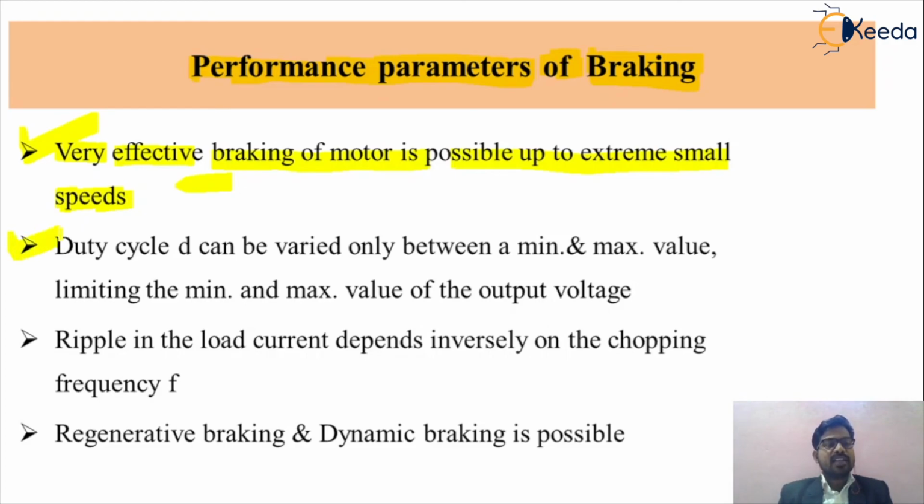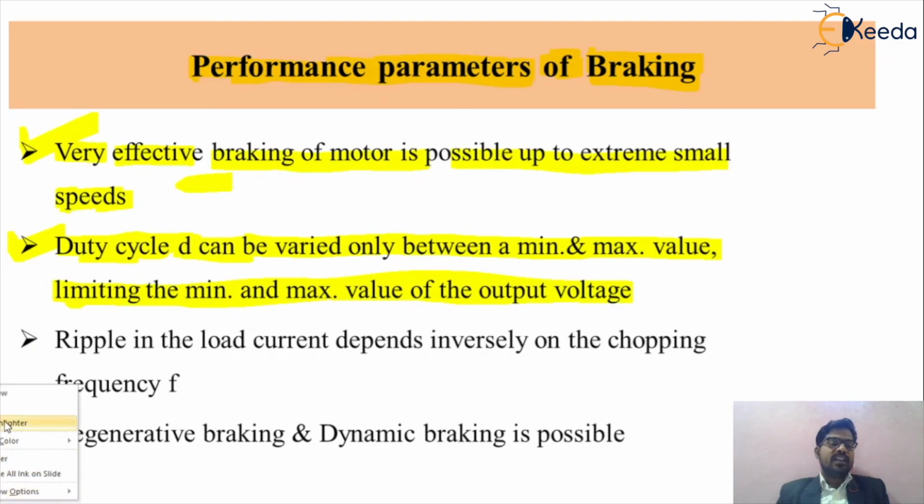Then the second part, which is very important in concern with the chopper control braking circuit, is that del, or duty cycle, can be varied between minimum and maximum value, limiting the minimum and maximum value of the output voltage. Means we are controlling the value of the duty cycle. This is a very important and interesting parameter of your chopper or braking circuit.